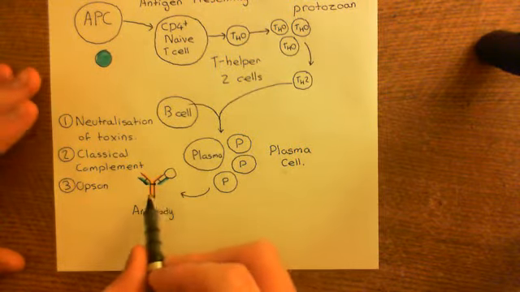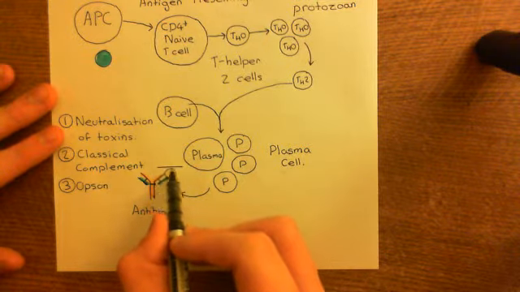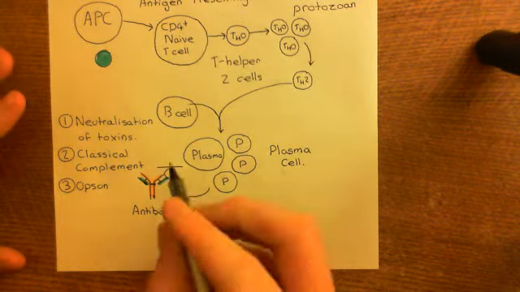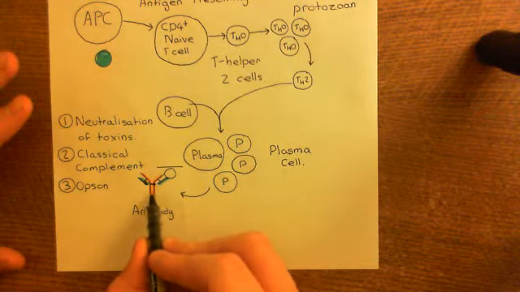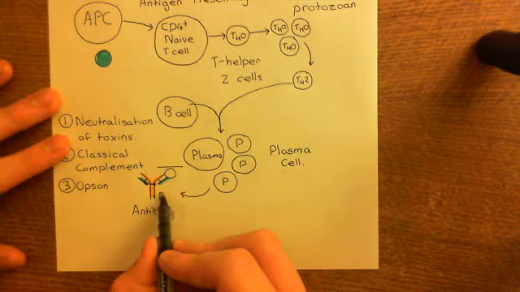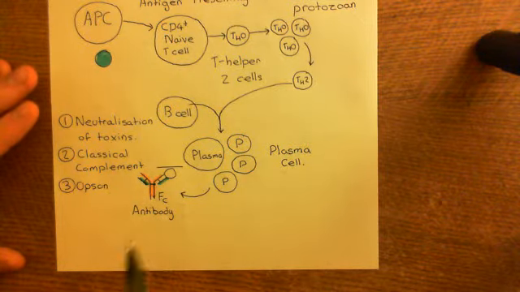Okay, so basically if the antigen is on the surface of a cell, let's say here is the cell membrane of the pathogen, then the antibody will bind onto the antigen, and then it will have this dangling bit down here known as the fixed region, or the Fc region.